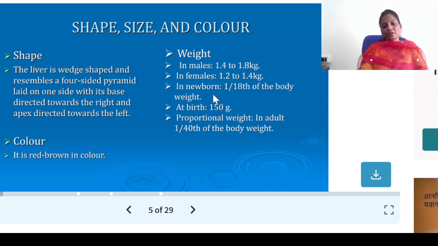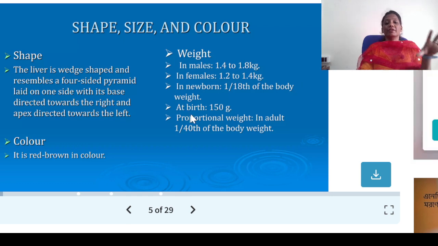In a newborn, approximately 1/18th of the body weight is liver weight. At birth the weight of the liver is 150 grams, and in adults it is 1/40th of the body weight. And the color is red brown.